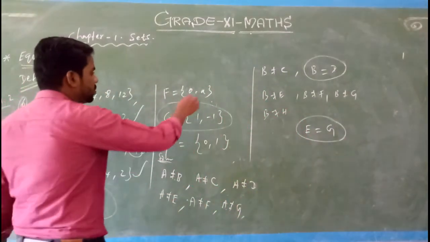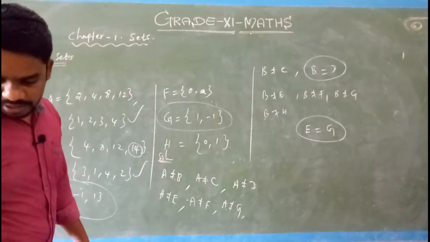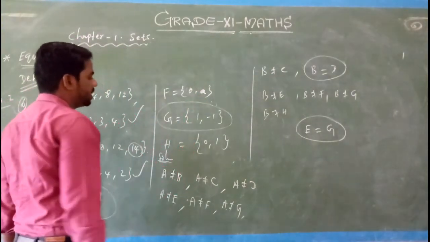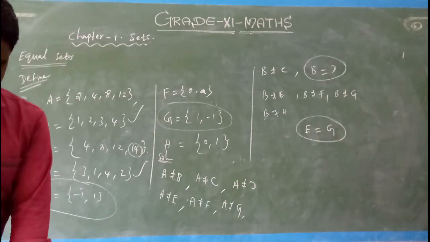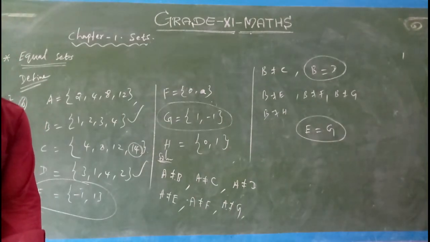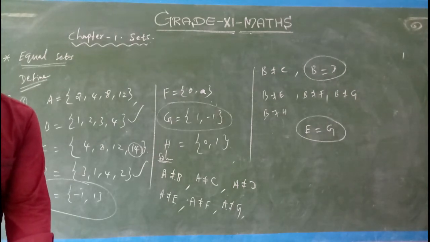And F has 0, A, but H has 0, 1, so A does not match 1, so F is not equal to H. So in the following, B is equal to D and E is equal to G only, so these two pairs are equal sets.